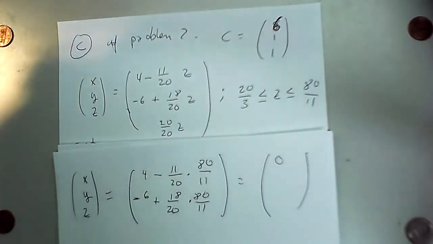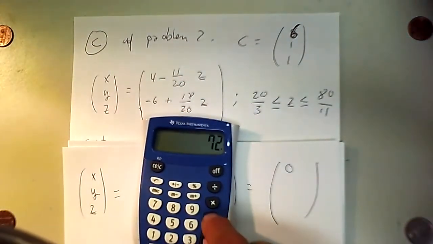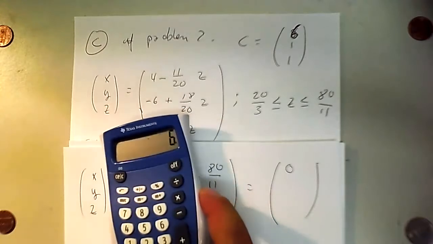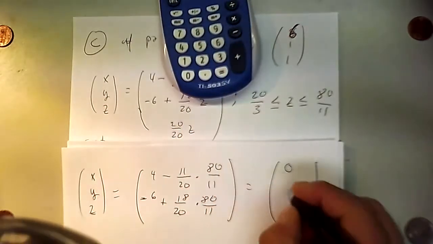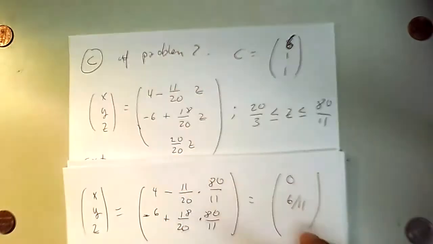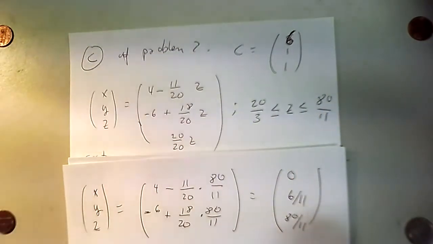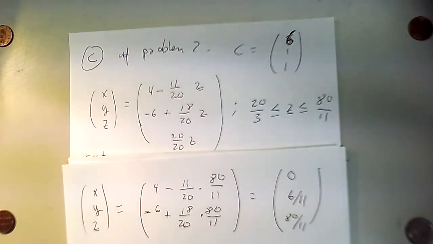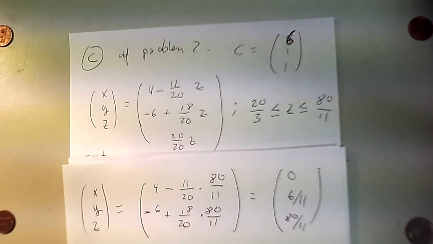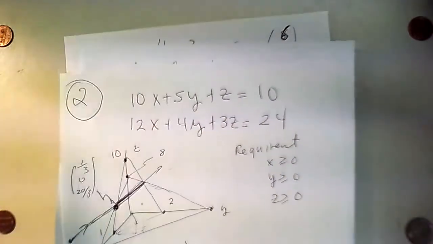I don't want to do that in my head. 72 minus 66 equals 6. Yep, so 6 over 11. And then Z has to be 80 over 11. Okay, so that puts us on the other point. I'm looking at my graph. That puts us on this point here.